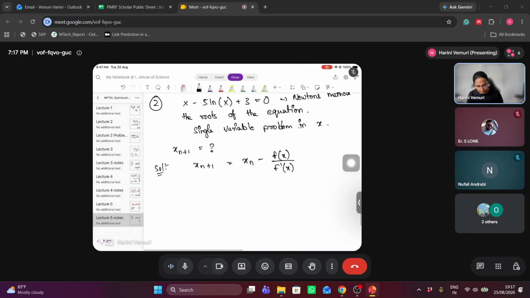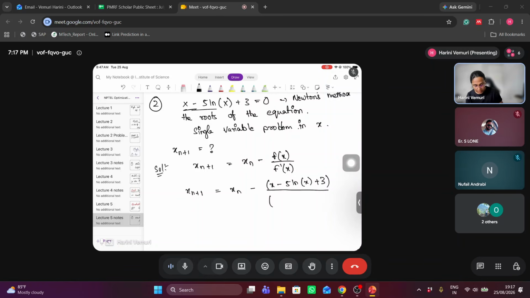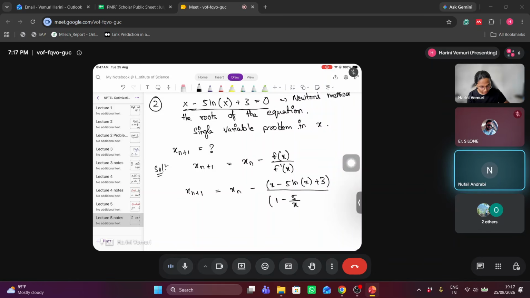So x_{n+1} equals x_n minus f(x), where f(x) is x minus 5 ln x plus 3. f'(x), if we differentiate this function with respect to x, is 1 minus 5 by x.